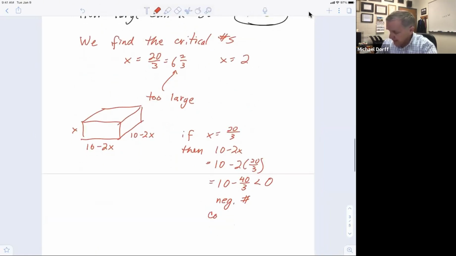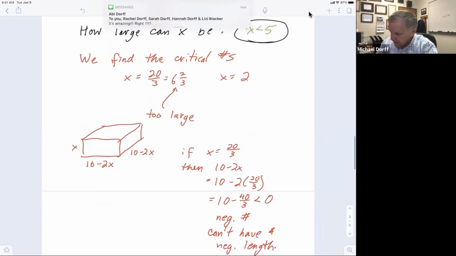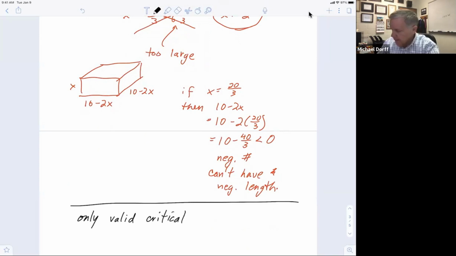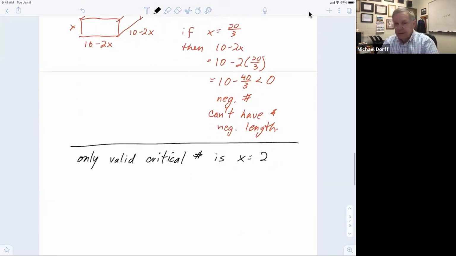And we can't have a negative length. So it's not a possible answer, but x equals 2 is. So our only valid critical number is x equals 2.